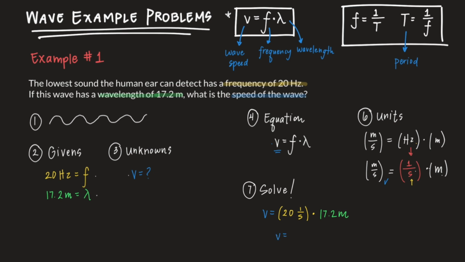If I plug that into my calculator on my phone, I get velocity is equal to 344 meters over seconds. And that is my answer. Remember, it's meters over seconds because we took that 1/seconds times our meters. So that's example number 1.